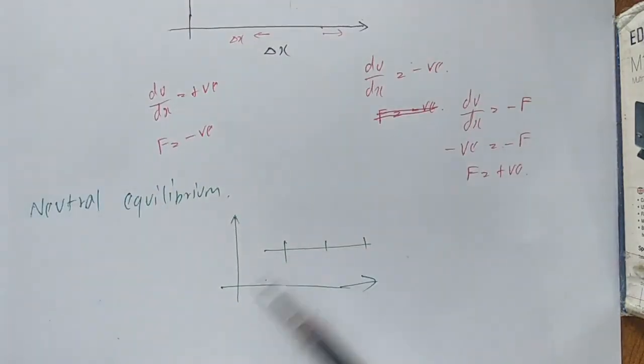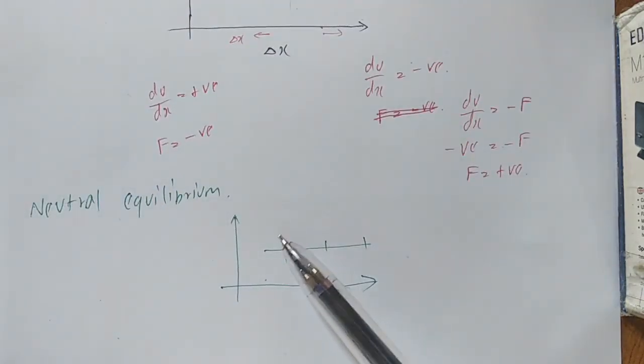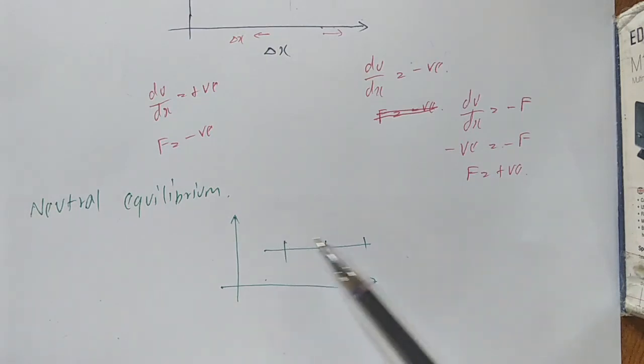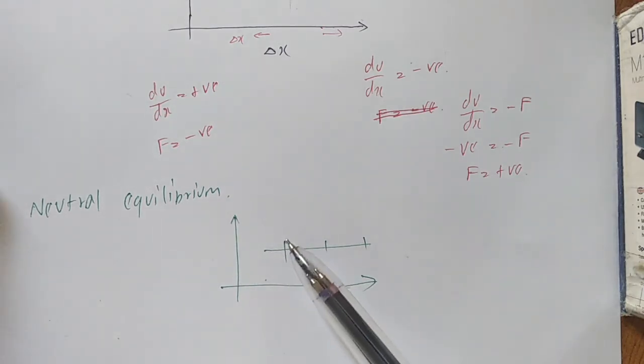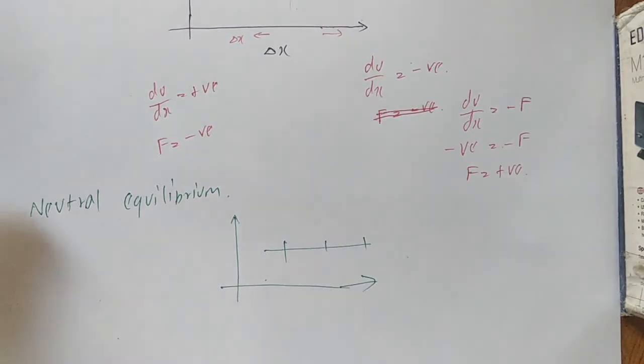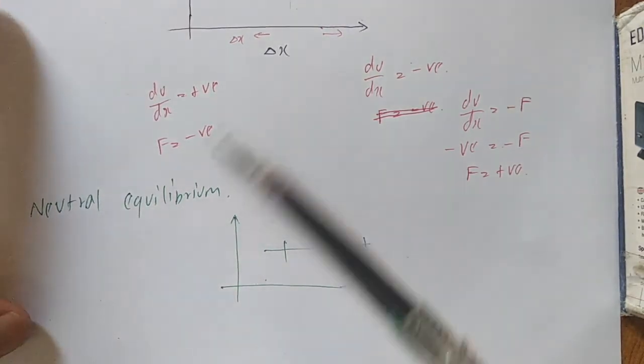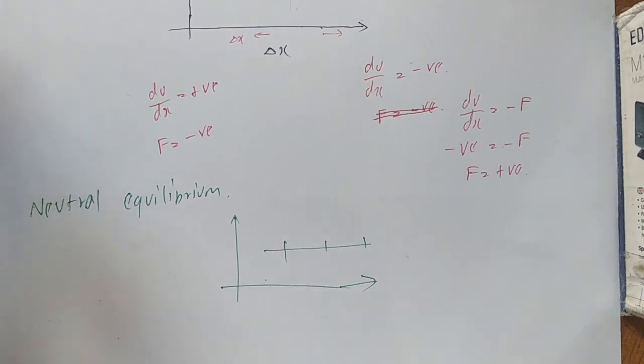And in the case of the neutral equilibrium, when a slight force is acting in this direction, the body will slightly get displaced in the same direction, but it will not continue to be displaced in the same direction as in the case of the unstable equilibrium. That is the main difference between these three types of equilibrium.